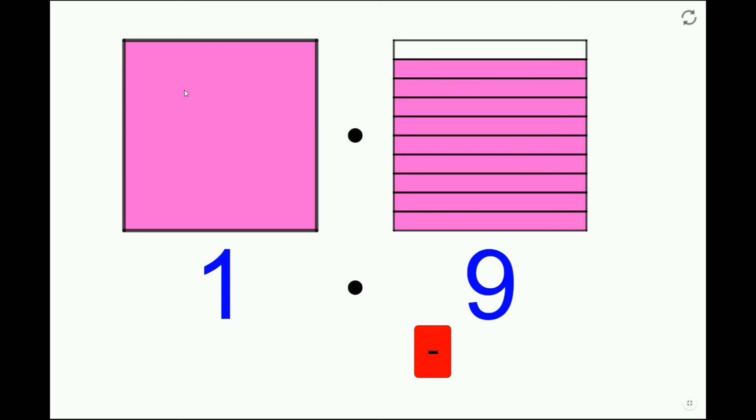Then, if we color one whole square and 9 pieces out of 10 of another identical square, we will obtain the decimal number 1.9. So here we have one whole unit and 9 pieces out of 10, and we separated them by this decimal point.